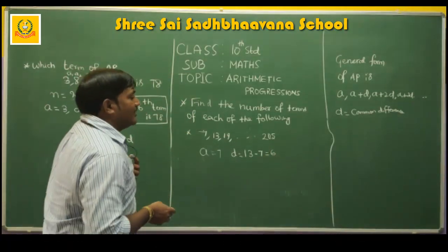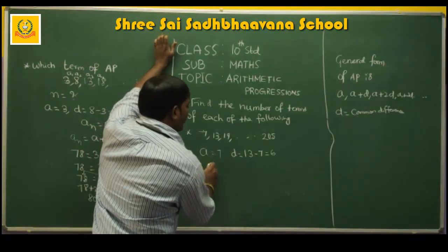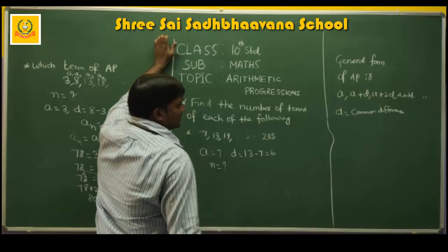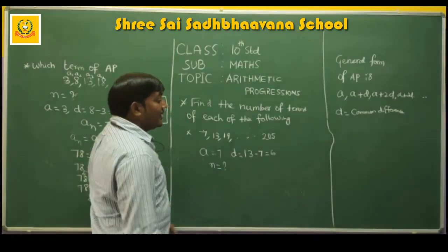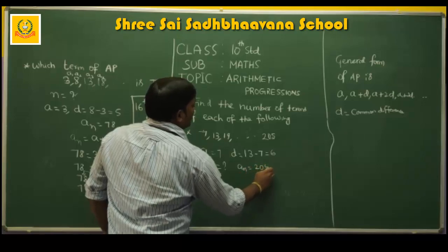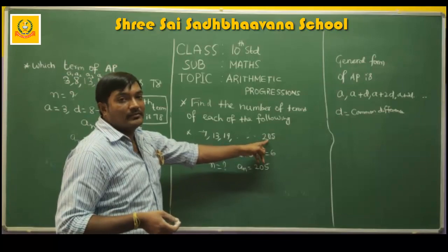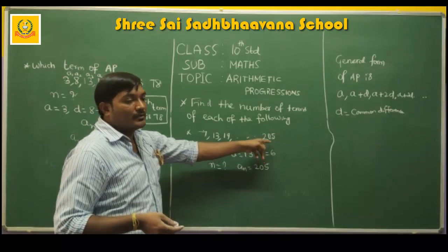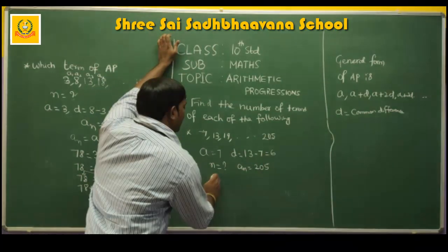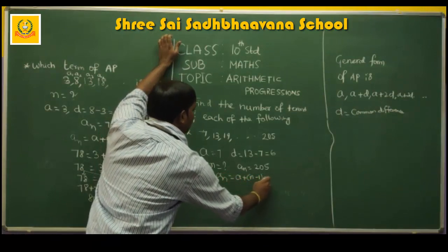Okay. So now here we have to find the n value again. n is equal to, just put a question mark, and they have given the term also. Remember, an is equal to 205. We should take the term also. An is 205. So now we know that an is equal to a plus n minus 1 into d.